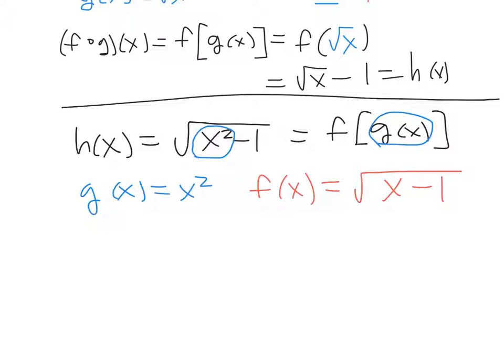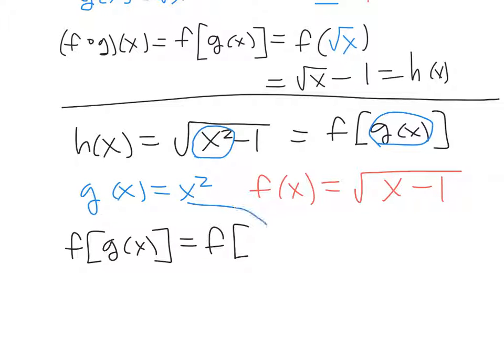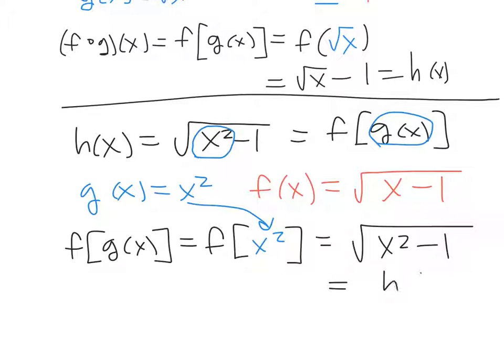So let's go the other way to test that out. So f of g of x, making the replacement, that's f of, we plug in what g of x is equal to, x squared. And if we replace x in the function f of x with x squared, we get square root of x squared minus 1, which is equal to h of x.